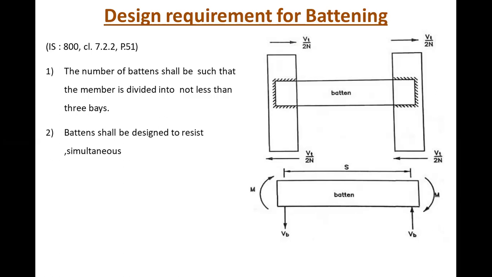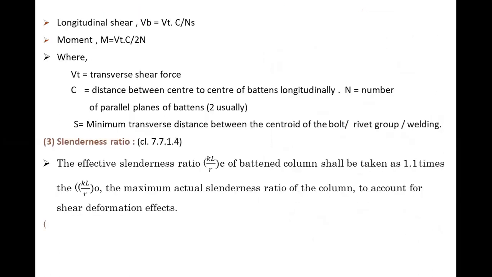The second criterion is that battens shall be designed to resist simultaneously the longitudinal shear dV equal to Vt multiplied by C divided by N S, and the moment M equal to Vt multiplied by C divided by 2N, where Vt is the transverse shear force and C is the distance between centers of battens longitudinally.